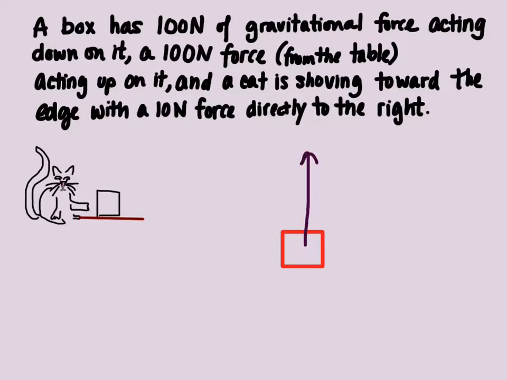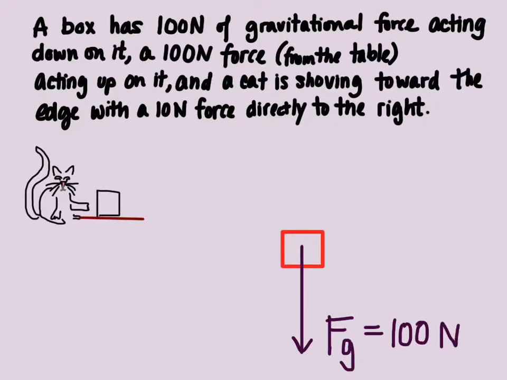And I'm going to draw, I'll start with my first force. I'm going to draw 100 Newton force of gravity. It's acting down there. But, of course, I also have, and very often we color code our forces, I also have that 100 Newton force from the table that's acting in opposition to gravity.